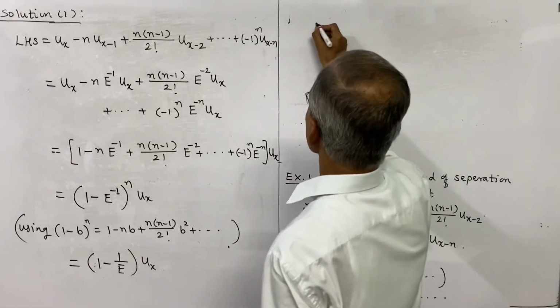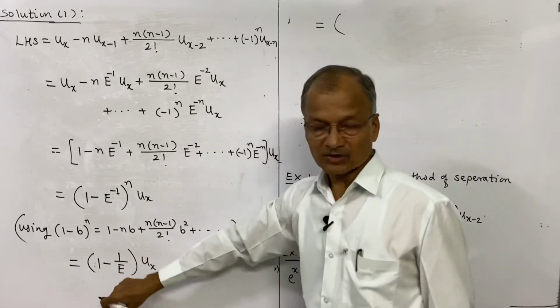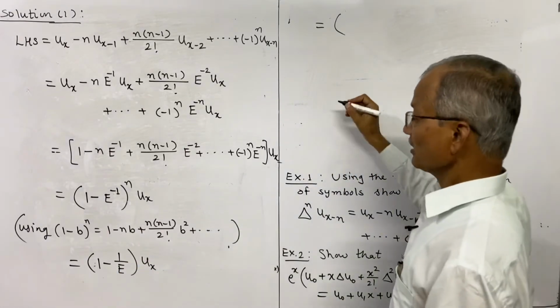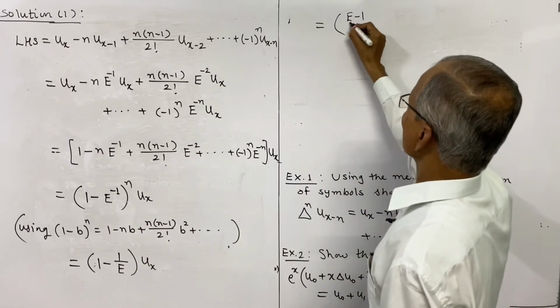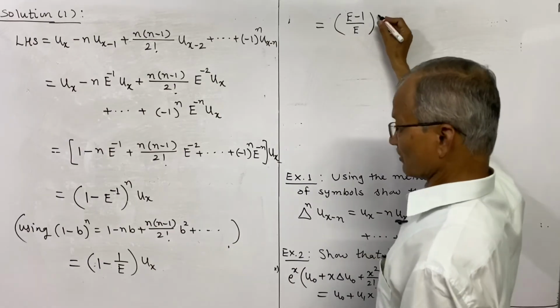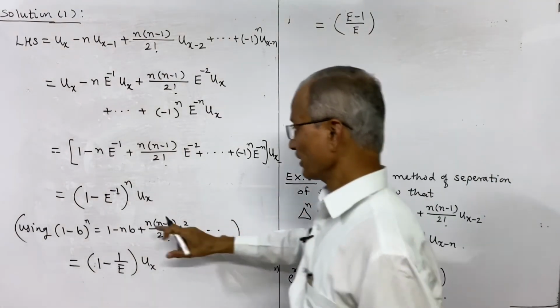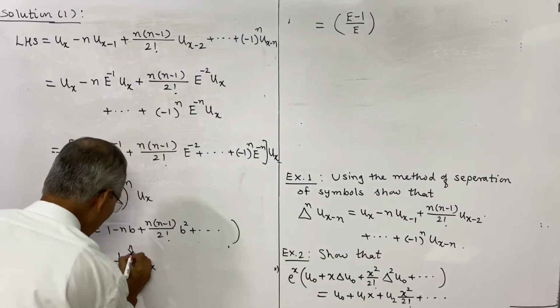And next this can be further simplified. This is equal to, we subtract this and that gives e minus 1 divided by e to the power n. So it should be corrected.